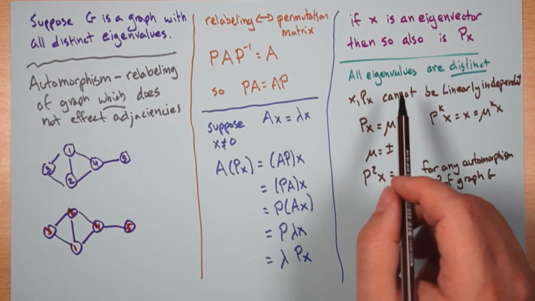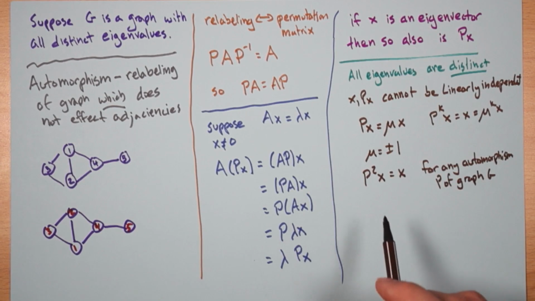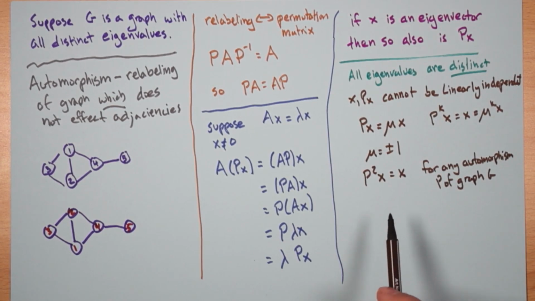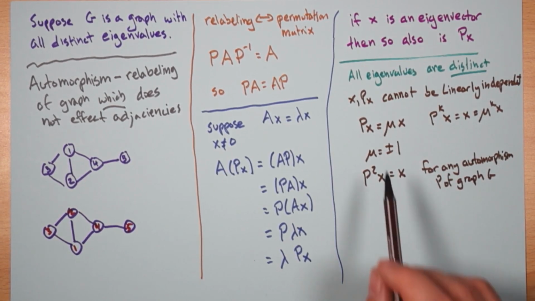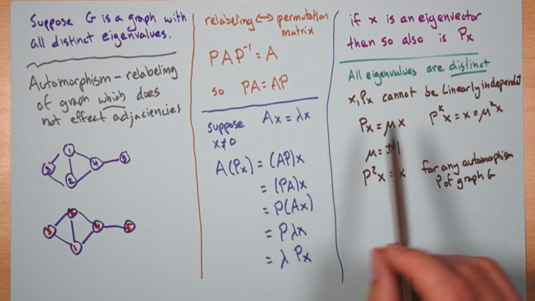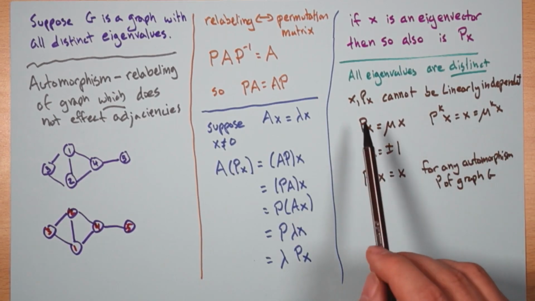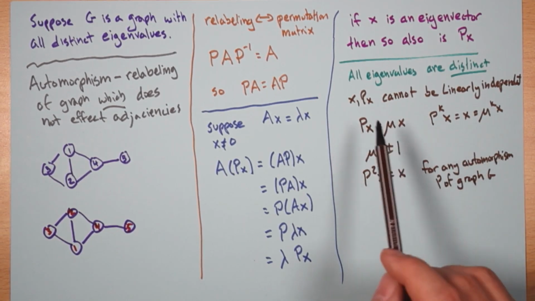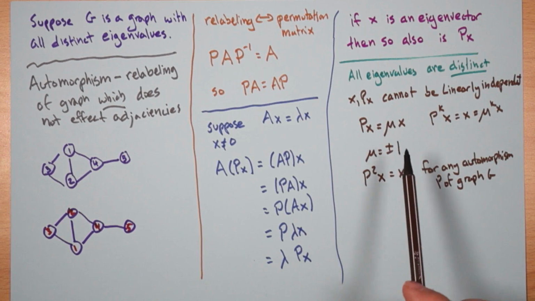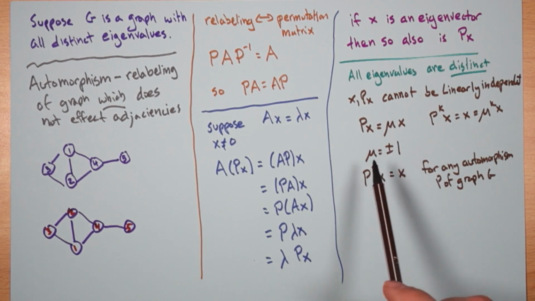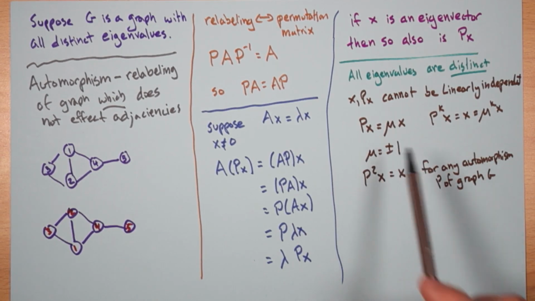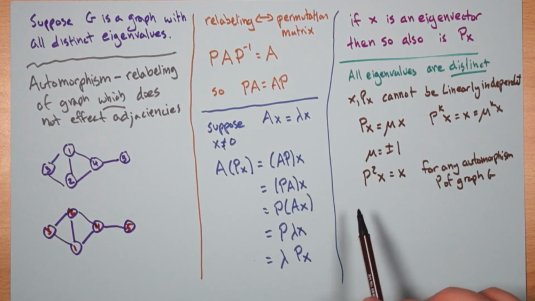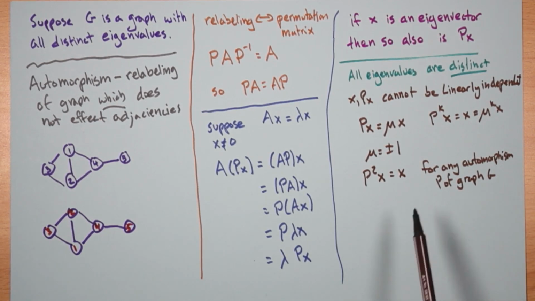This is just true if you have an eigenvalue which is distinct, and you come to the same conclusion: either the automorphism gives you back the eigenvector or it gives you the negation. But what does this say? Well, that's for any automorphism group for that eigenvector.